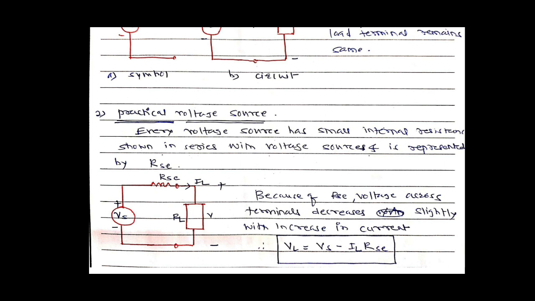So this is called a practical voltage source. It is simply one voltage source connected with a resistor in series, and this internal resistance is represented by Rse.